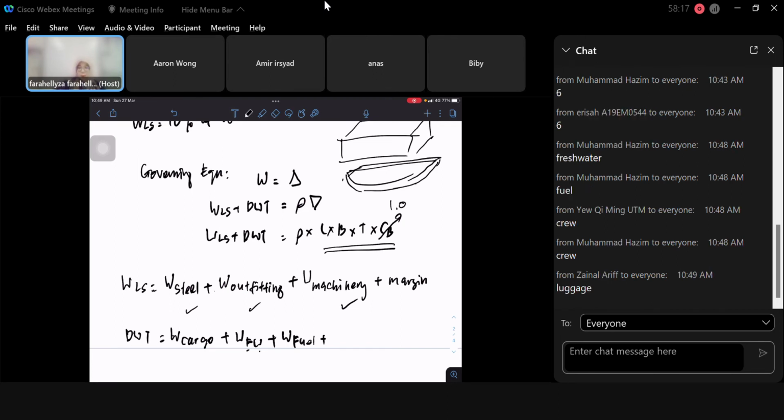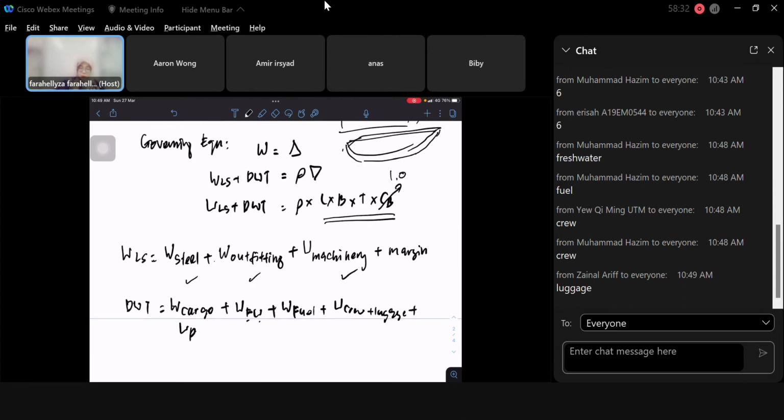Okay, weight of crew plus luggage. Because your crew must bring their luggage. So weight of crew plus luggage here. Okay, and another one is basically weight of provisions. Provision is food.